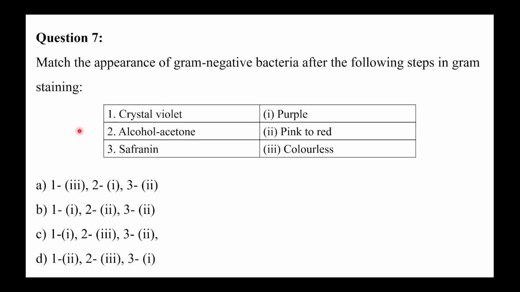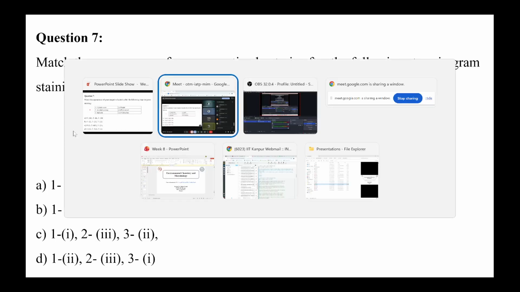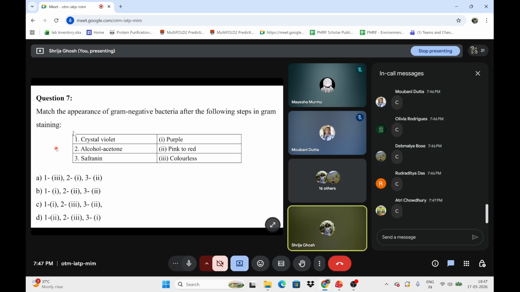The steps are first crystal violet, second alcohol acetone, and third safranin. The colors given are first purple, second pink to red, and third colorless. So, you have to match the appearance with the steps followed. Write your answers in the chat box.